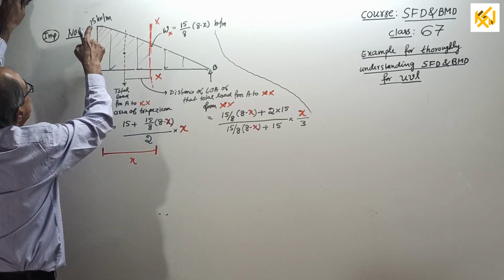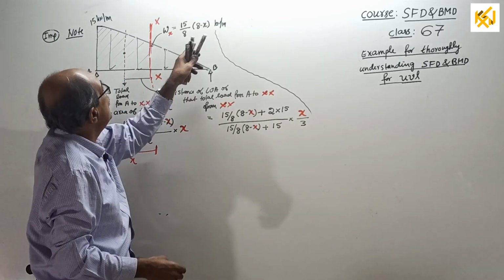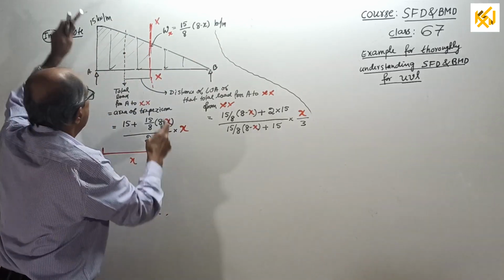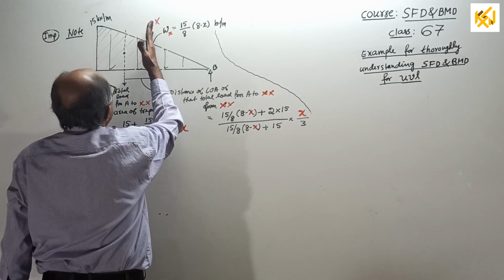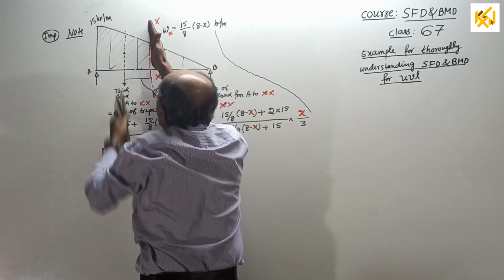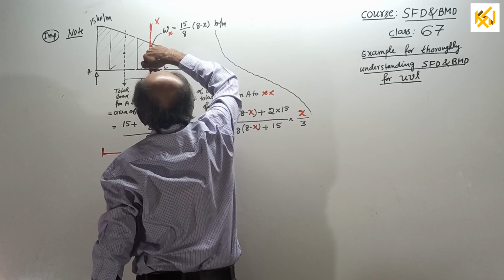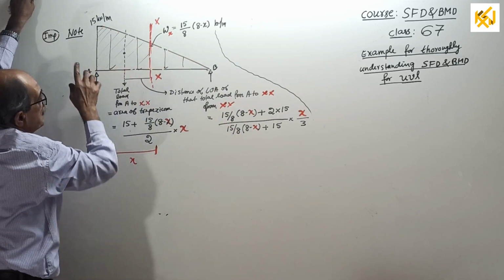This ordinate is 15 kN per meter. This ordinate, just now we got 15 by 8 into 8 minus x kN per meter. The distance between these 2 points is x. Now, when you find the shear force and BM here, we require the total load and also the moment of that load about xx. So, the total load is the area of the trapezium.